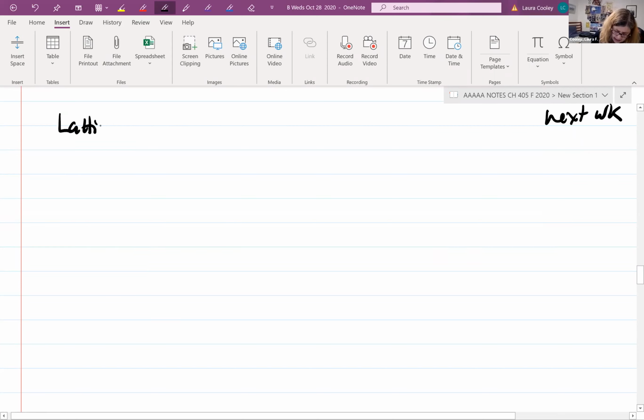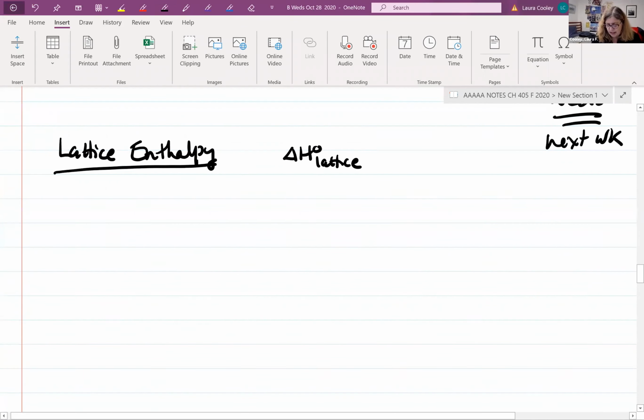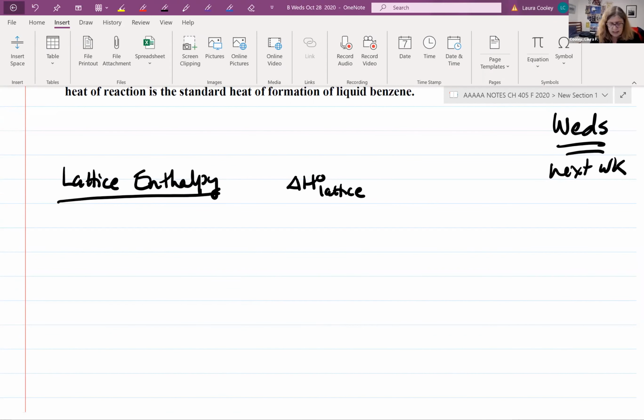One is a lattice enthalpy. This lattice enthalpy, which we call, of course, delta H0 lattice, it's actually defined in different ways in different books. But I'm just going to define it in one of the acceptable ways. It may be different from what you learned when you took inorganic chemistry, because like I said, it's not uniform, and there are some scientists that think of it one way and some the other, but it's really just the negatives of each other.